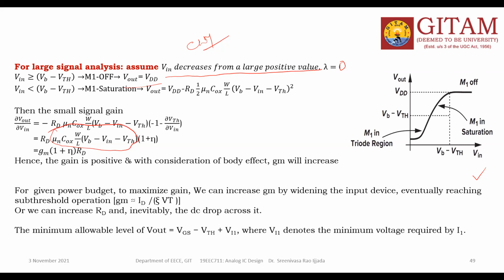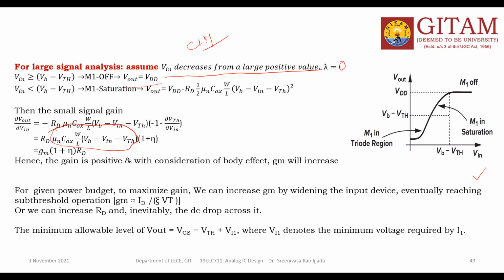Because you applied some voltage at the gate of the MOSFET, some bias current flows in the source, which I represented with one current source, I1. So VI1 denotes the minimum voltage required by I1. Why is a minimum voltage required?